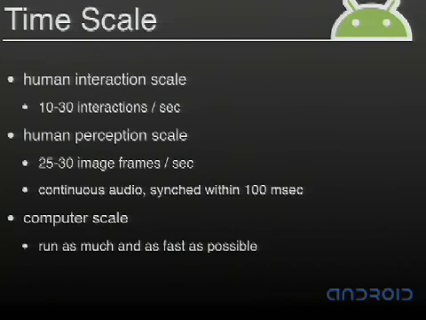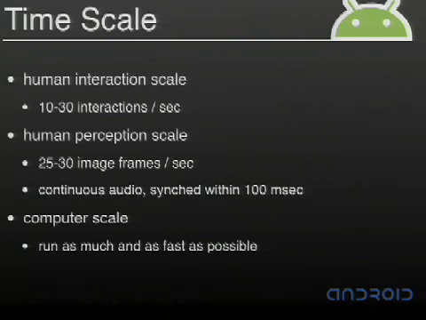At computer scale, that's when you're really eating through the battery. And if your code really has to run at computer scale, any optimization that doesn't bring you up to one of the other scales is sort of prolonging the agony before death.